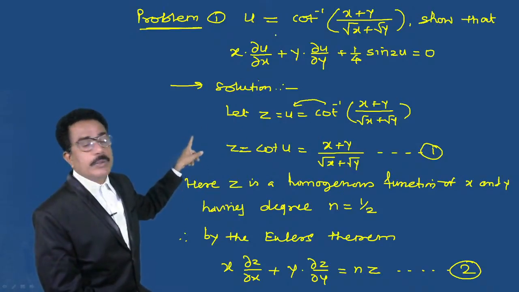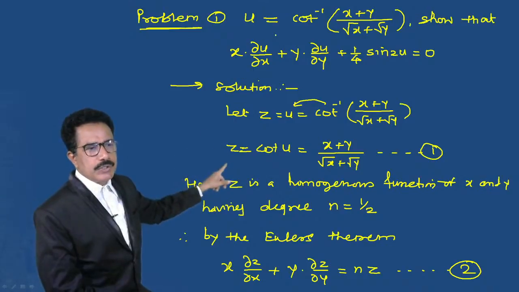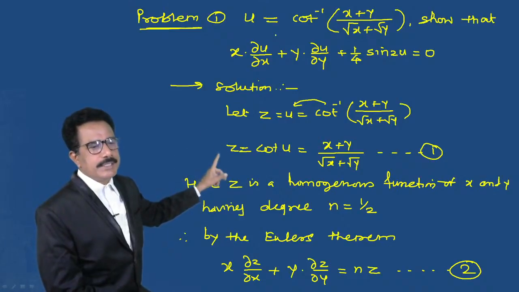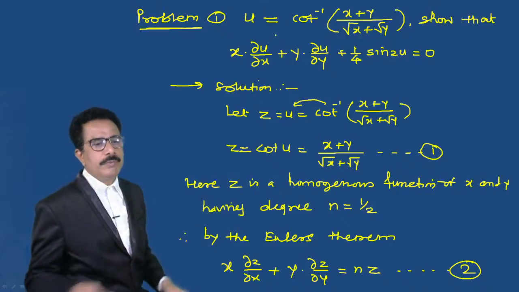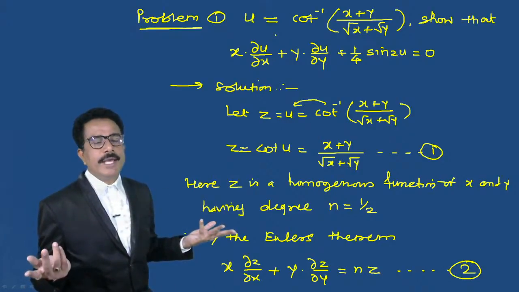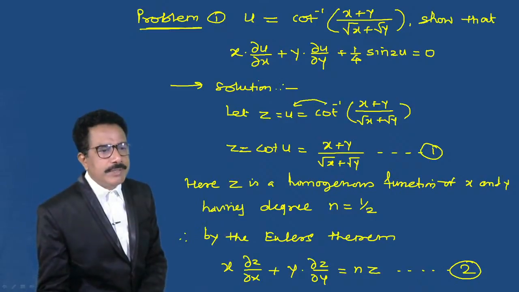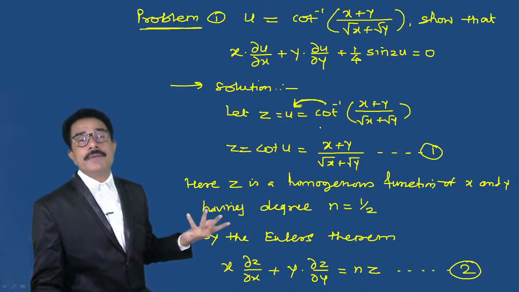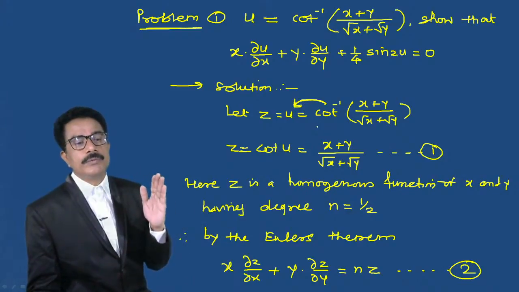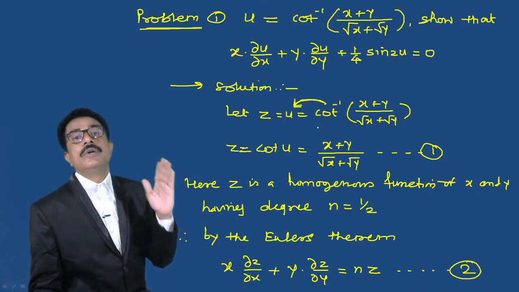Now suppose the solutions here. Let z is equals to, we have considered z is equals to u is equals to cot inverse of x plus y divided by root x plus root y. आता या cot inverse ला लेफ्ट ला घ्या. cot inverse simplify करा, कारण we have to show the given function is homogeneous.